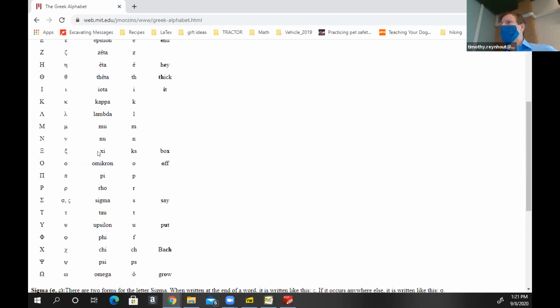Xi is not super common because nobody likes to write that down. However, zeta, that one does get used a lot, especially, I think I referenced complex analysis, either in this course or a different course, but when you're working with calculus having complex variables, they use zeta quite a bit. Pi, of course, is common. Omicron is not. Sigma is very common, a couple different ways to write it.